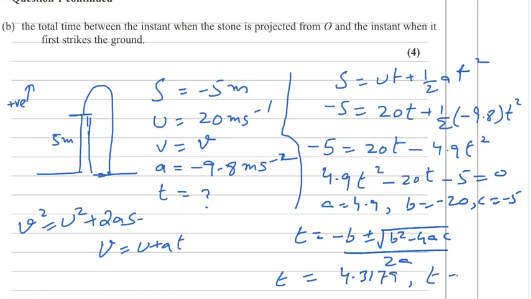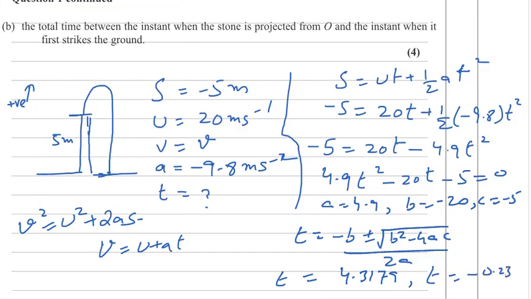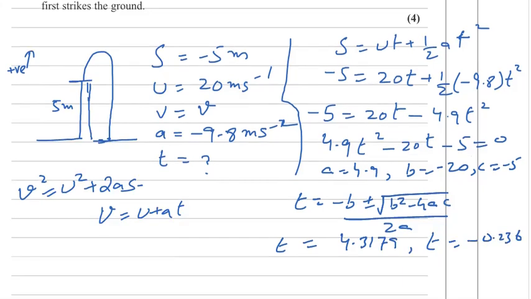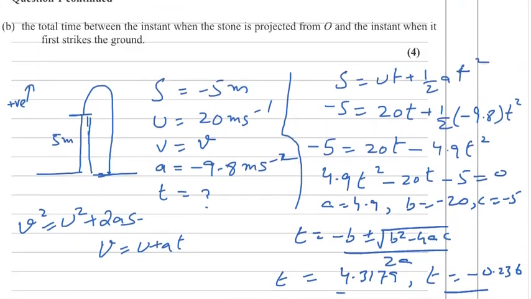The other value of t you can also write, and then at the end we will ignore that value, which is negative 0.236. Finally, we will consider only this value, because we will not take the negative time. T will be 4.32 seconds. So this is the end of question number 1 of our paper.